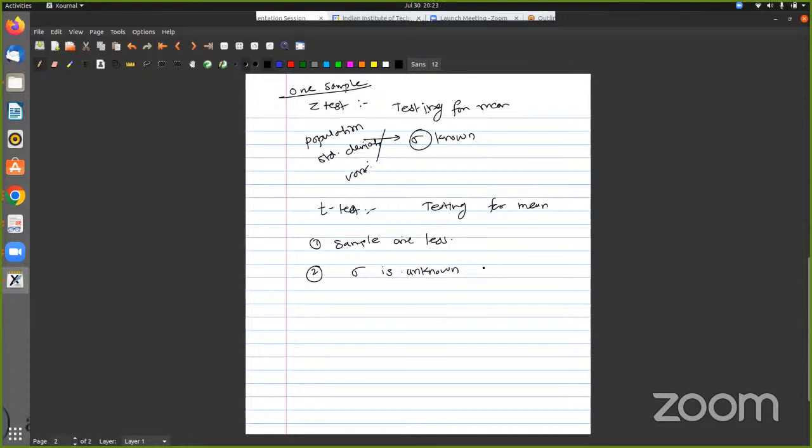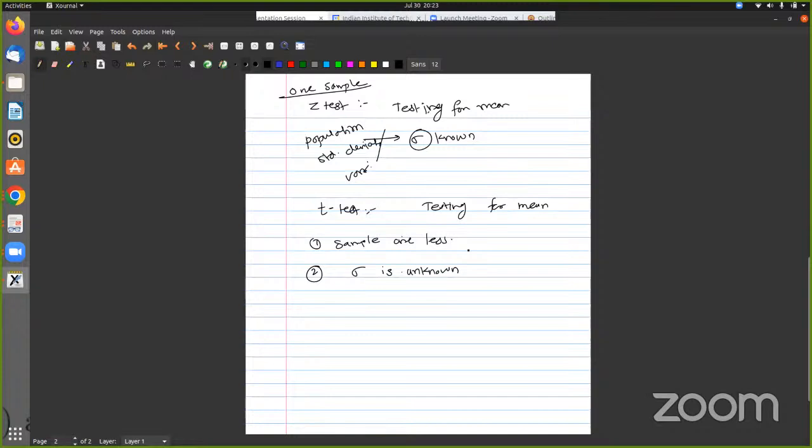T-test is used for sigma known also, but in our course we are testing only when we have sigma unknown, right? Sigma or standard deviation unknown. So when we have very less samples, let's say below 30, in that case we'll use t-test. If you are having more than 30 samples, we are going for z-test.